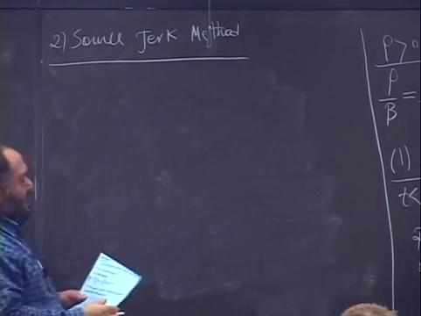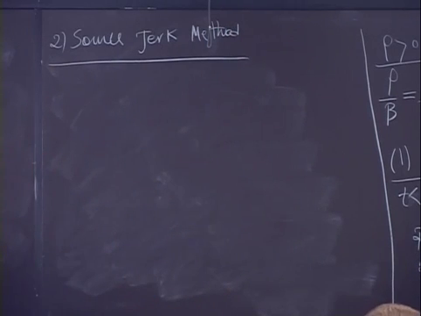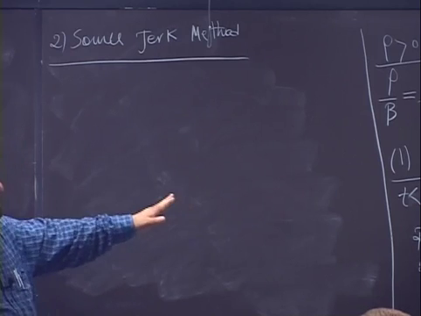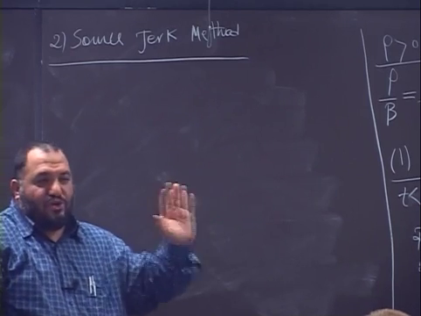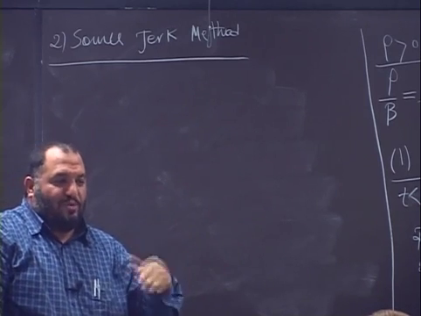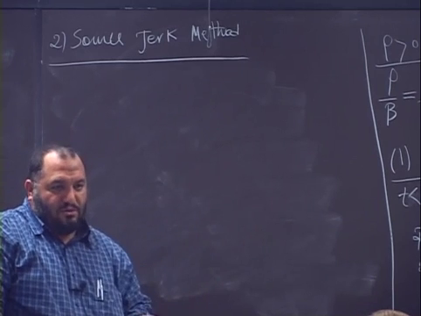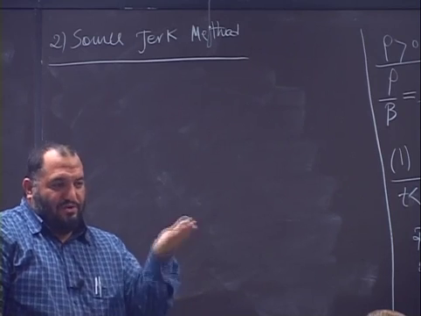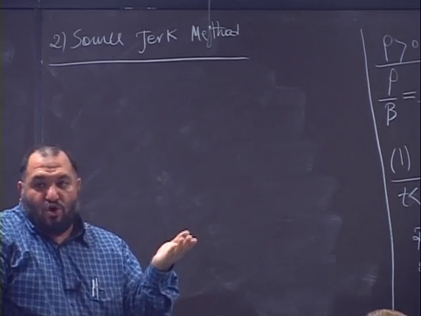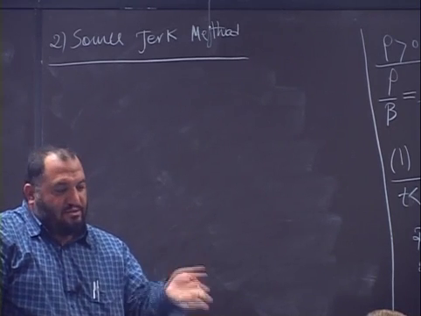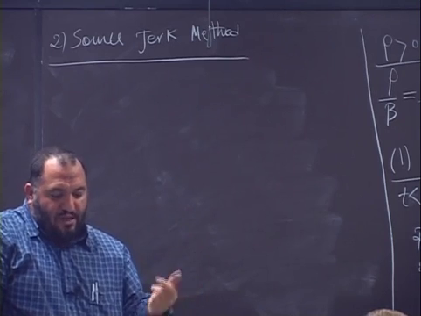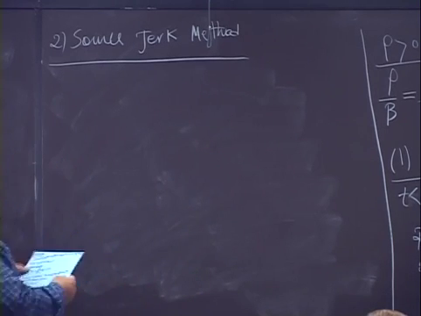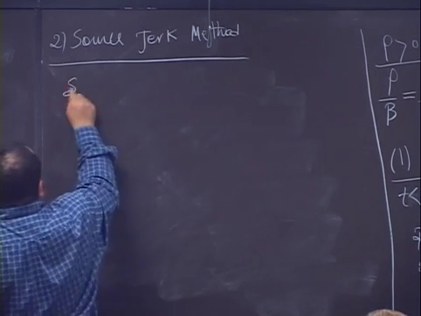And this source jerk method, unlike the rod drop method, where you need to start critical, then increase the reactivity to a certain rho value, and drop the rod after a while, you will do with a subcritical system.